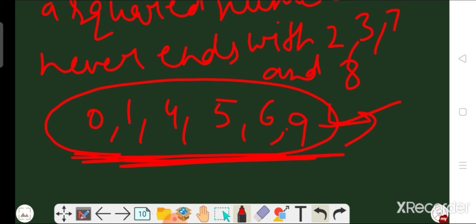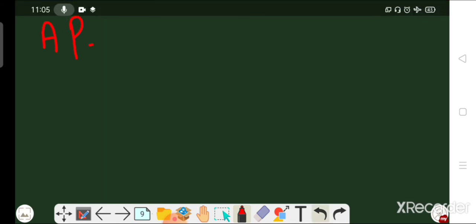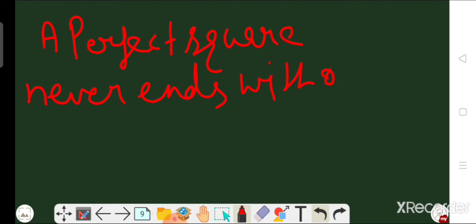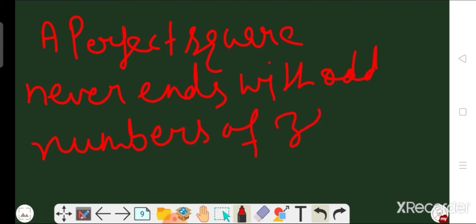Okay. Now we will discuss some more properties. A perfect square never ends with an odd number of zeros.